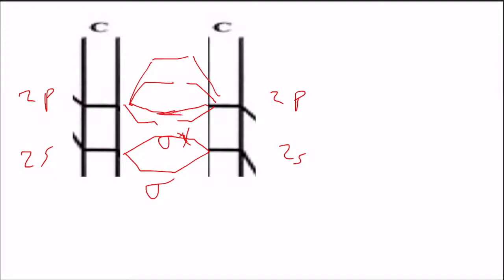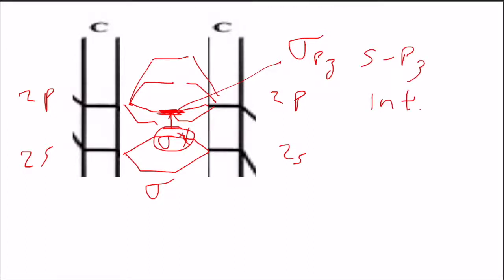And then we're going to see that this level, which would be the sigma coming from pz interactions, has been pushed up by this sigma antibonding, right? So the s to pz interactions have pushed this sigma pz bonding orbital up, whereas these ones, which are the px or the py's, are not affected.